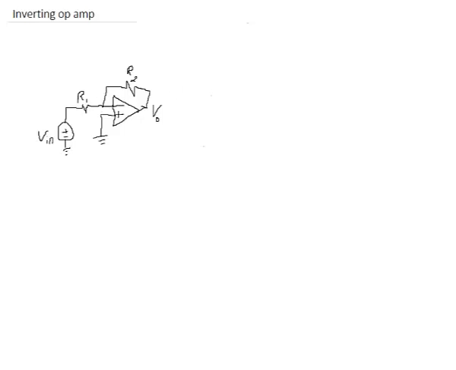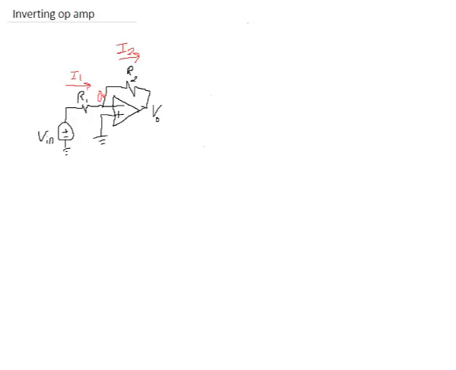We start by recognizing that this node right here is going to be 0 volts, since the positive pin is connected to ground, and since both pins have the same voltage, the negative pin is going to have 0 volts as well. We can specify currents I1 and I2, which are the currents going through these resistors.